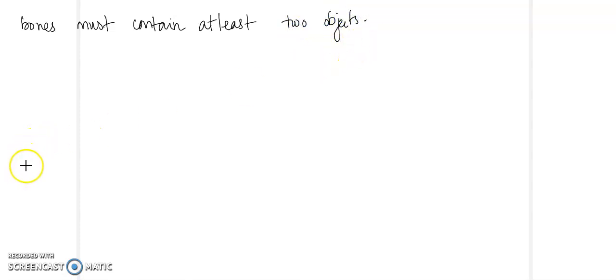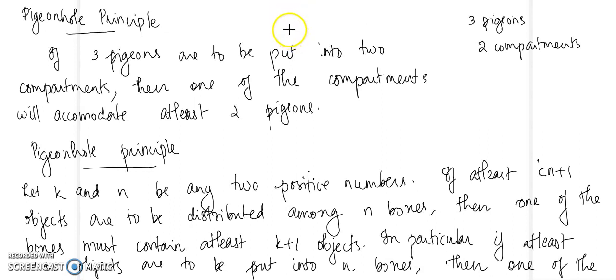So that is the general statement of the pigeonhole principle. Let k and n be any two positive integers. If at least kn+1 objects are to be distributed among n boxes, then one of the boxes must contain at least k+1 objects. In particular, if at least n+1 objects are to be put into n boxes, then one of the boxes must contain at least 2 objects.